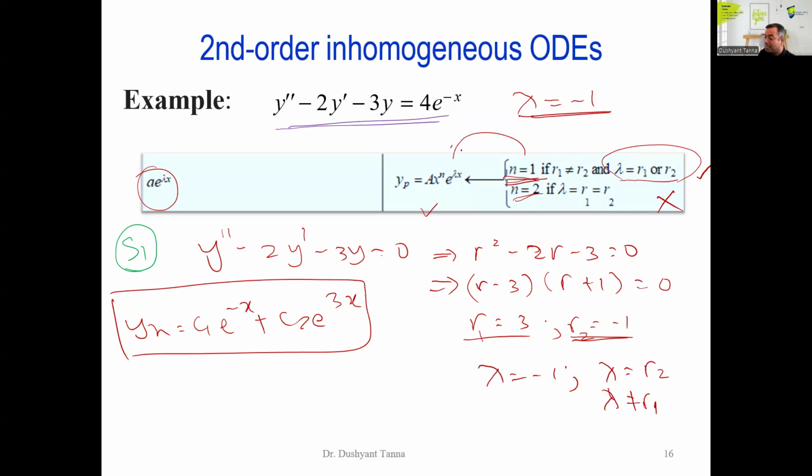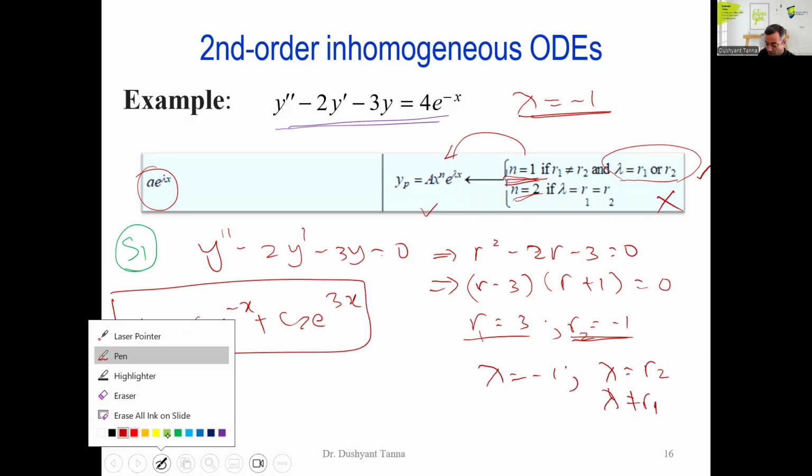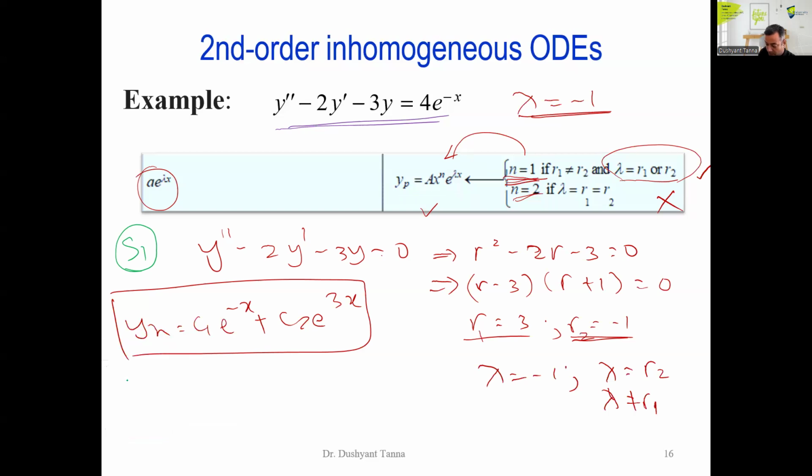The moment I replace my n is equal to 1, my yp will be ax e raised to minus x. So that's our step 2, right? Step 2, our yp, as we know, x power n e raised to lambda x, n will be 1.